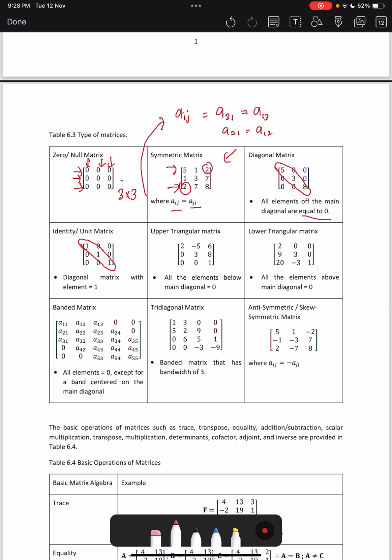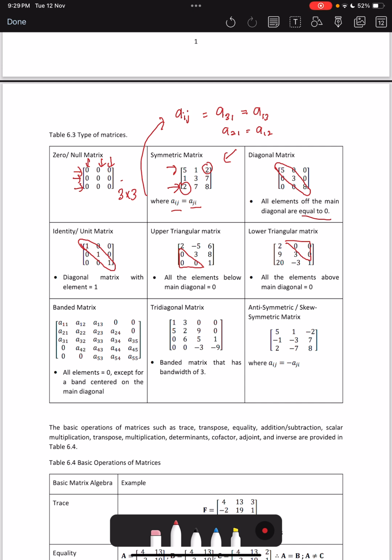So upper triangular matrix, meaning that the three elements at the bottom corner all equal 0, and the lower triangular matrix has 0 on the upper side. Banded matrix, meaning that all elements are 0 except for the band centered on the diagonal.